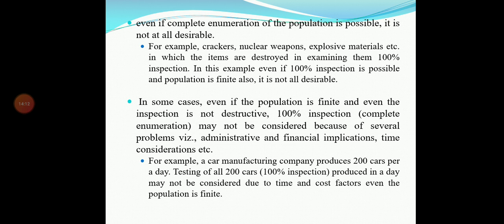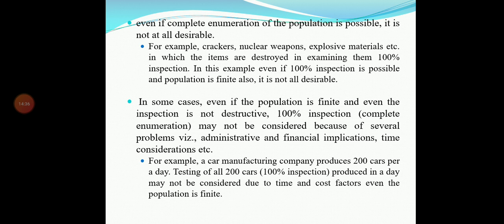Even if complete enumeration of the population is possible, it is not at all desirable. Even if complete enumeration is possible, that is not at all desirable in some cases.